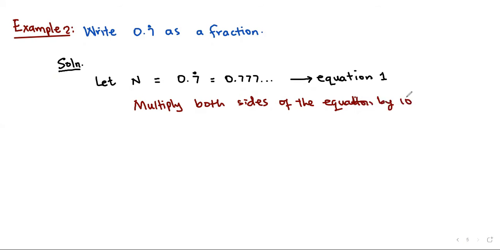We are multiplying by 10 because it is only one digit repeating.